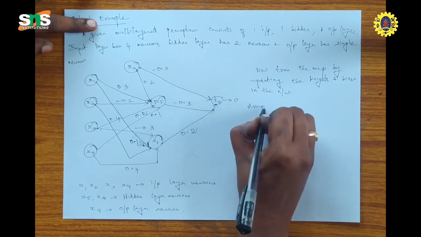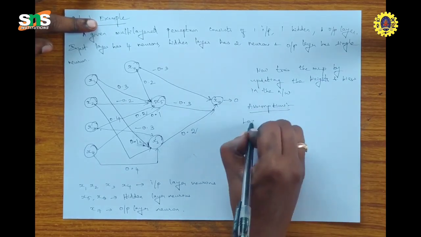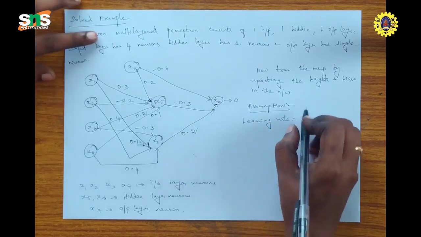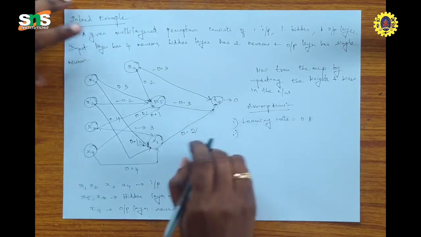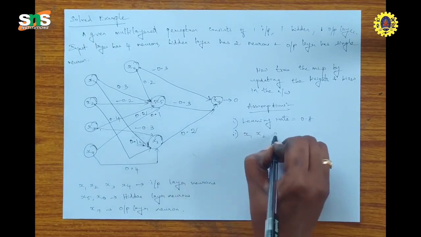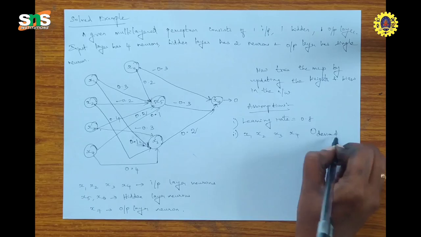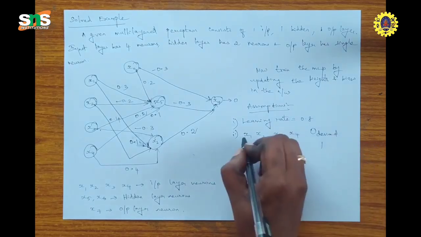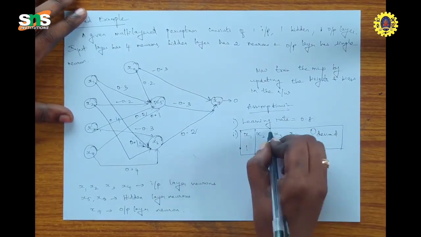The assumption is based on the learning rate, which is considered as 0.8. This is the first step, and the second step is the input of x1, x2, x3, x4 and the desired output, O desired, as 1, 1, 0, 1, 1. This is what the O desired is all about.